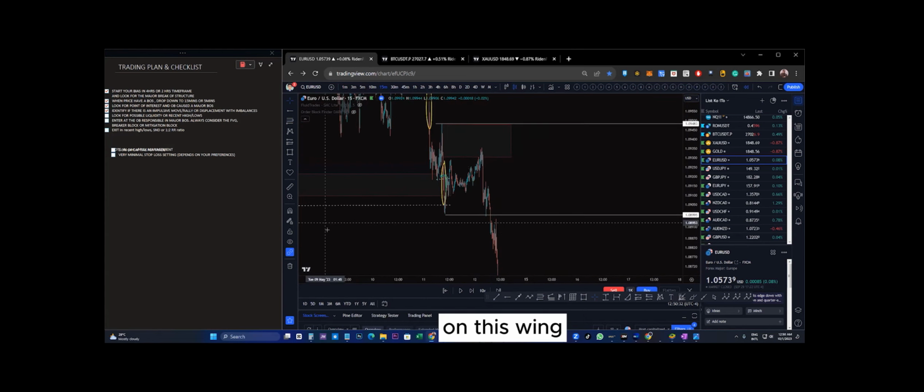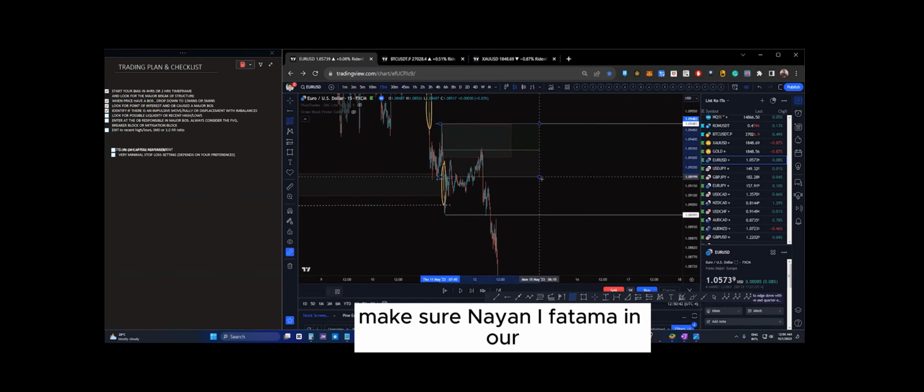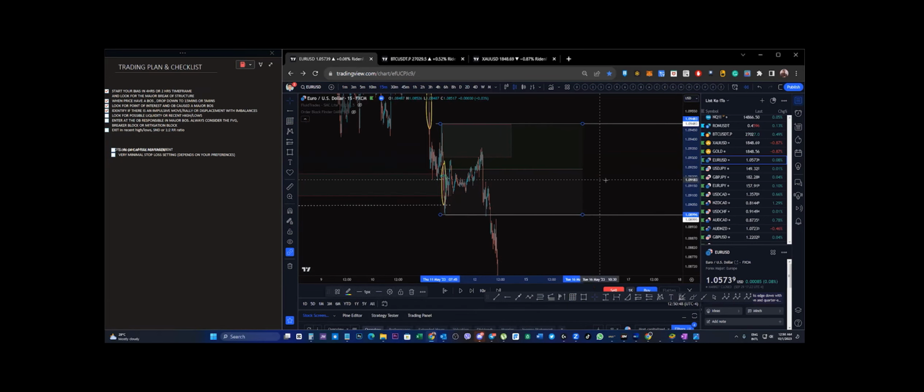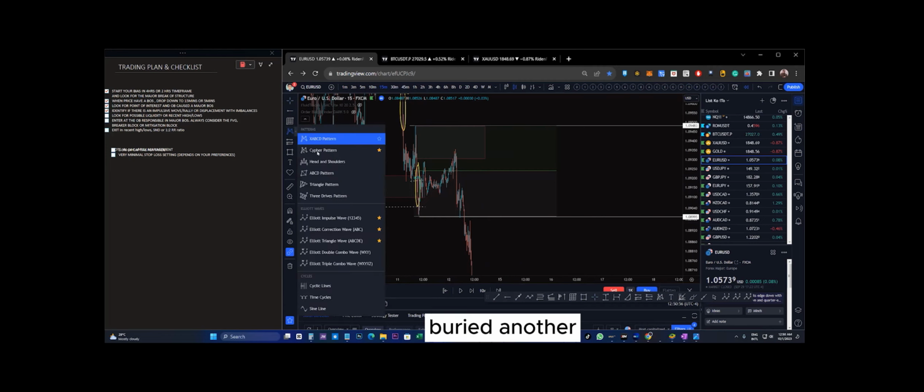On this swing, yung premium discount, which I didn't discuss, probably on the next video, make sure na yan ay tatama in our premium price. Kasi ang trend natin ay bearish.